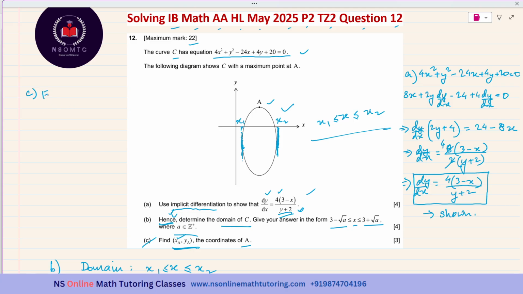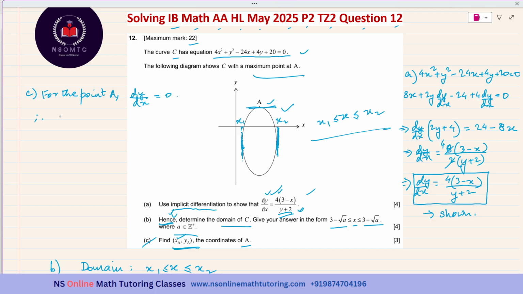For the point A, which is the maximum point, the tangent will be horizontal, parallel to the x-axis, therefore the gradient will be equal to 0. Okay, dy dx is equal to 0.